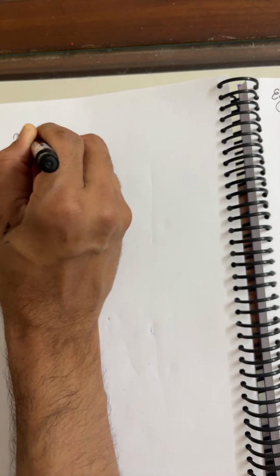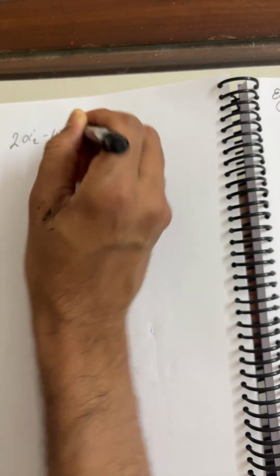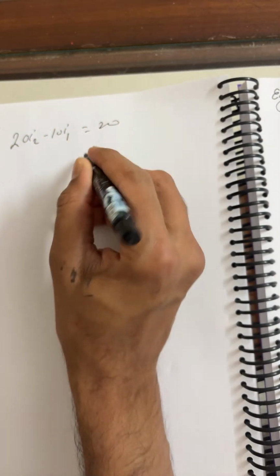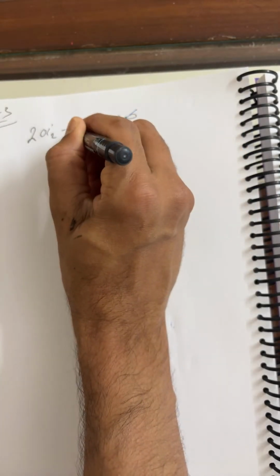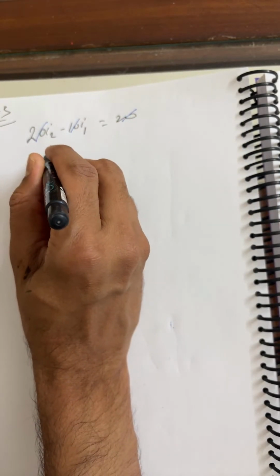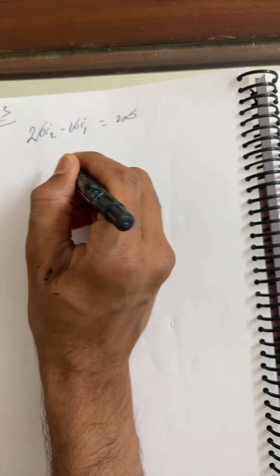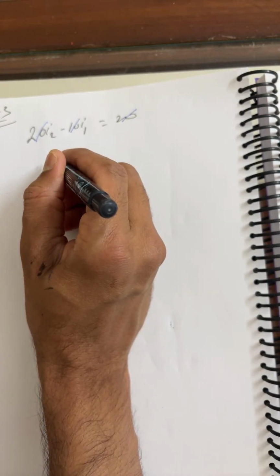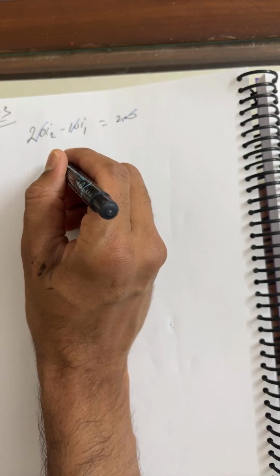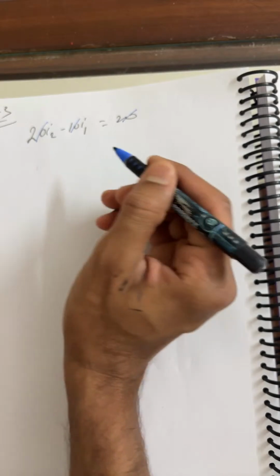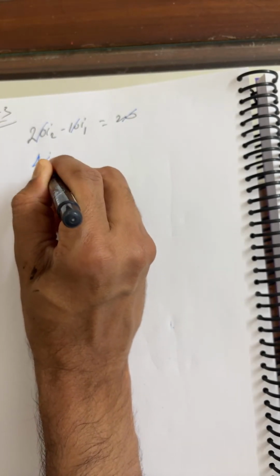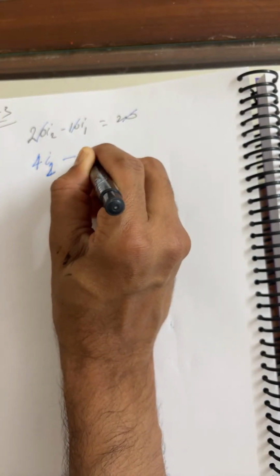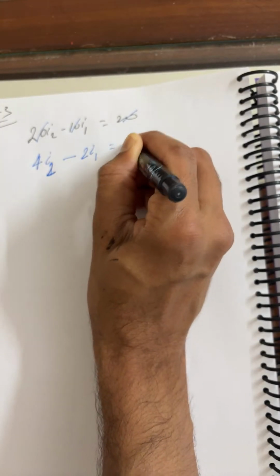20 I2 minus 10 I1 which is equal to 20. Again here you can see we can cancel each other. 5 times 4 is 20, 5 times 2 is 10, and 5 times 4 is 20. So you can write 4 I2 minus 2 I1, which is equal to 4.